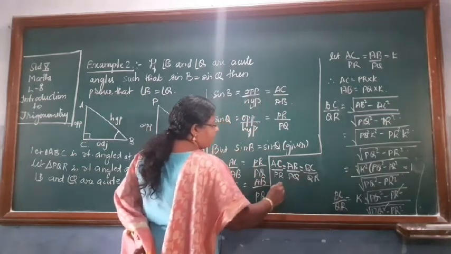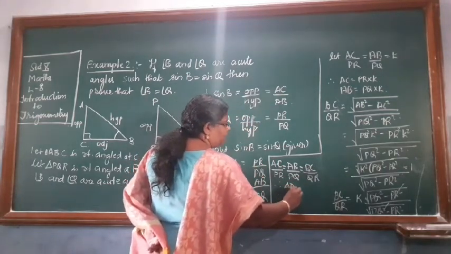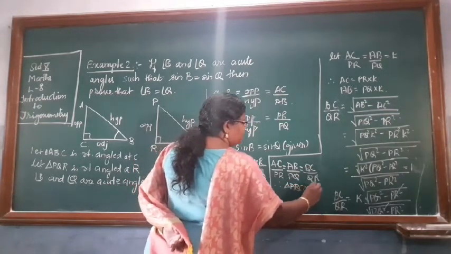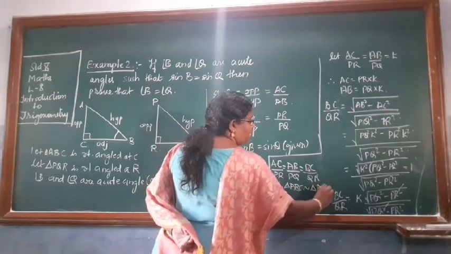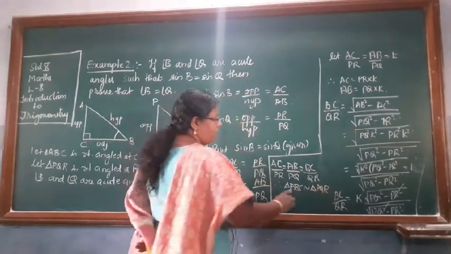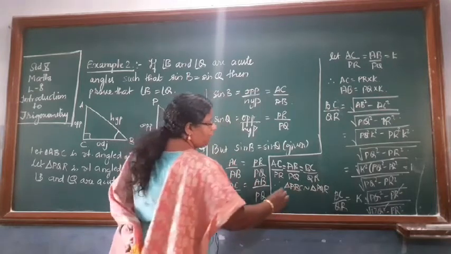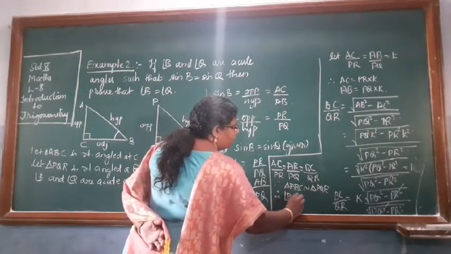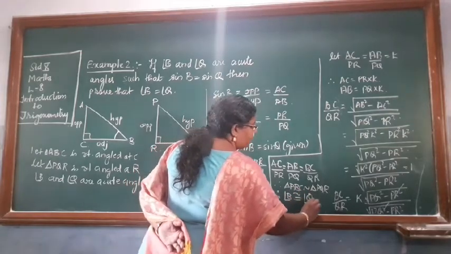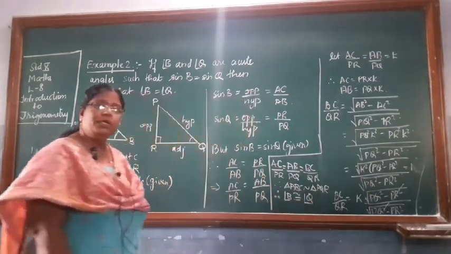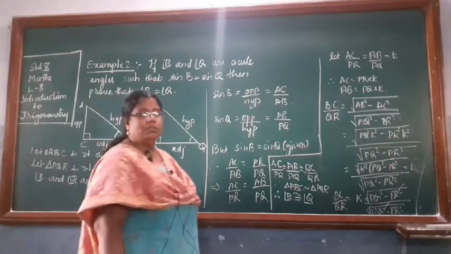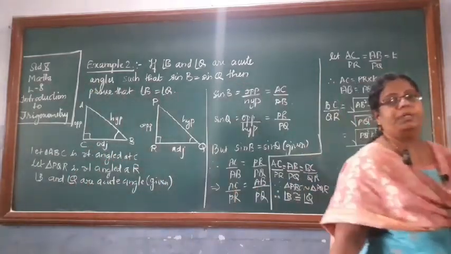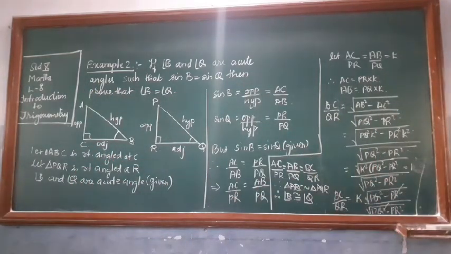Therefore I can say triangle ABC is similar to triangle PQR. Now ABC is similar to PQR, therefore we can say that angle B is congruent to angle Q. Okay, so we have proved it, no? So this is how you should do this question.